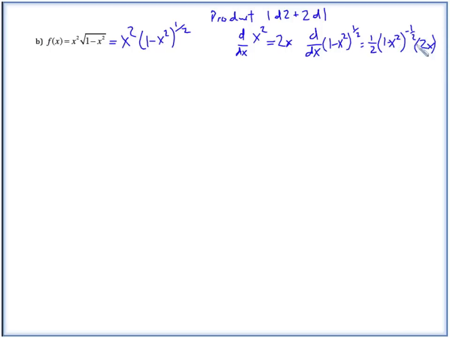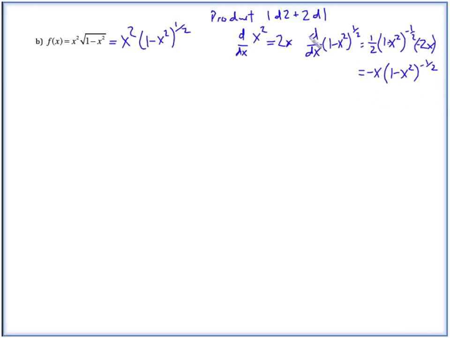Actually, negative 2x, because this was a minus. Okay, and we can simplify this a little bit here. So 1/2 times negative 2, that's gone. So this is really just negative x times 1 minus x squared to the negative 1/2.